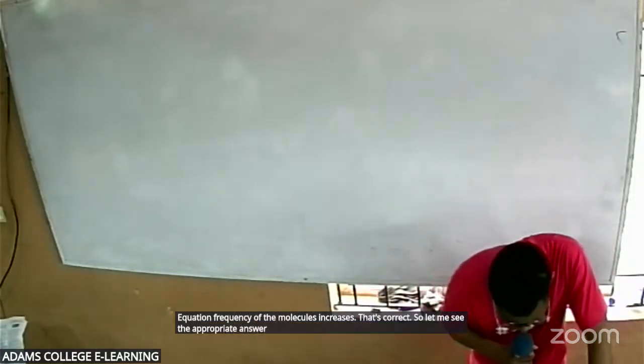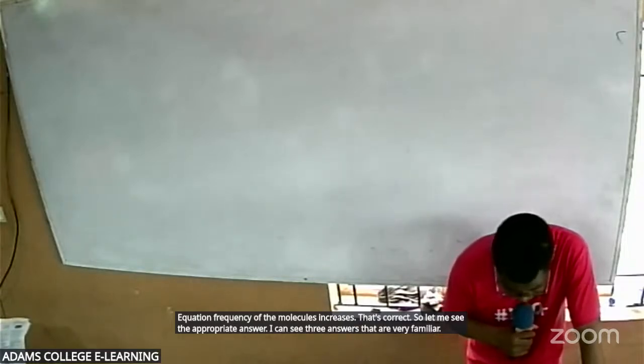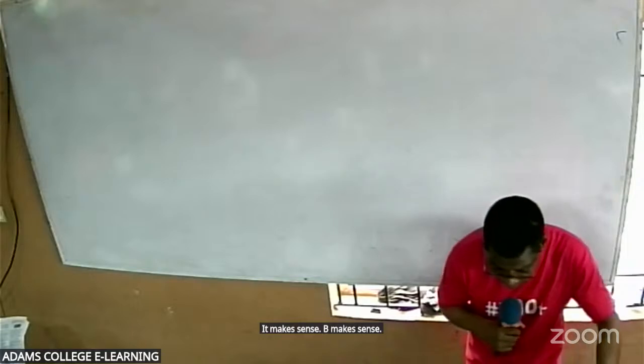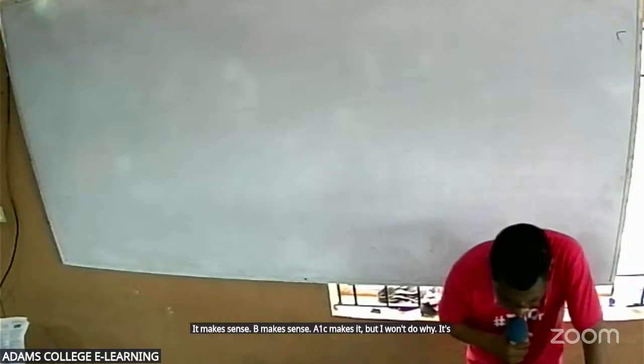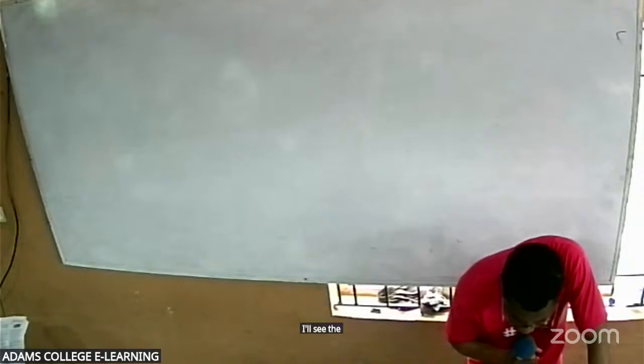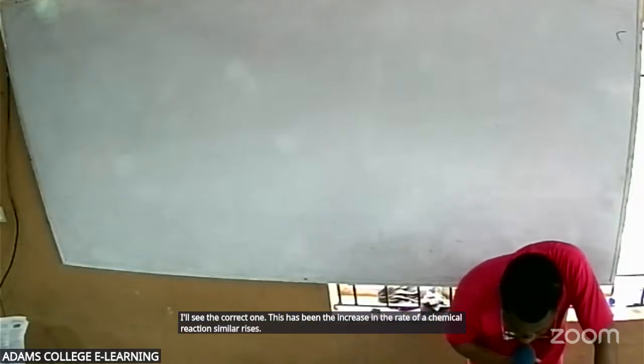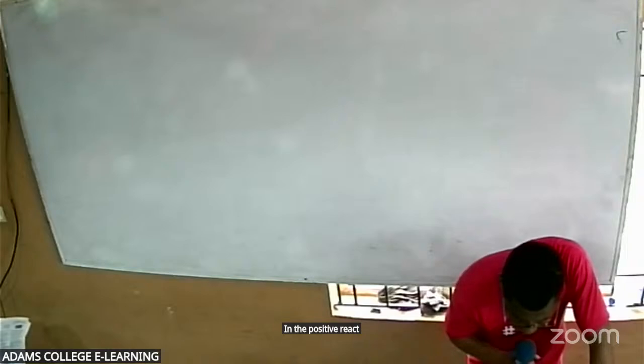I can see three answers that are very correct here. A makes sense, B makes sense, D makes sense, even C makes sense, but that word "lower" is what makes it wrong. A, the bonds in the reacting molecules are more readily broken.